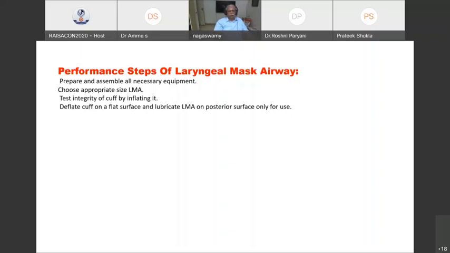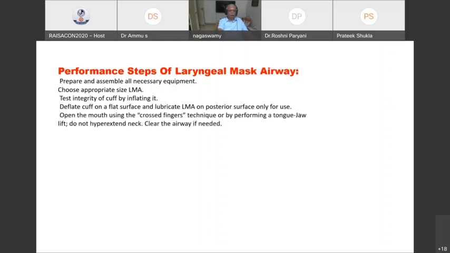But if you lubricate, especially with local anesthetic, on the laryngeal side, what will happen? Will it, by surface application, cause numbing or obstruct the reflexes? Yes, sir. It can be an additional danger for aspiration postoperatively, sir. Yes, so that's why.